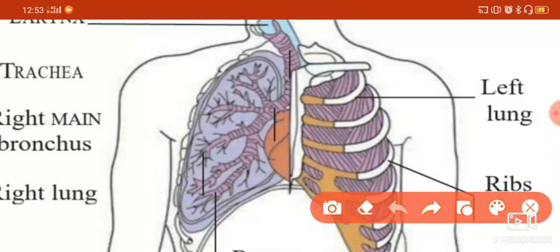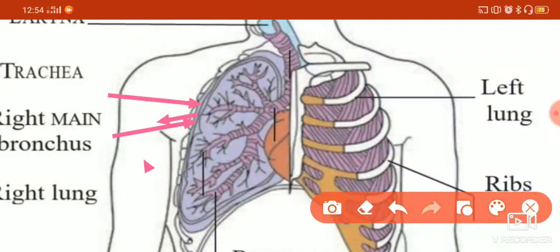Then each lung is covered by a pleural membrane, two layers of pleural membrane. There are two pleural membranes. In between there is a cavity called the pleural cavity, which is filled with pleural fluid, which acts as a lubricant fluid.